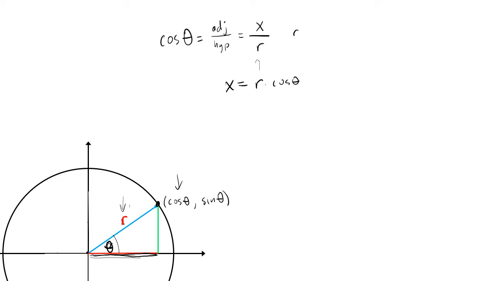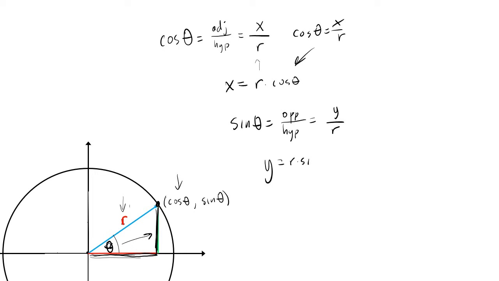Cosine of theta is equal to x divided by r, multiply both sides by r, and you get x is equal to r cosine theta. By the same thinking, the sine of theta is equal to the opposite divided by the hypotenuse, or in this case, the y value, the side opposite the angle theta, divided by r. Solve for y and we get y is equal to r times the sine of theta.